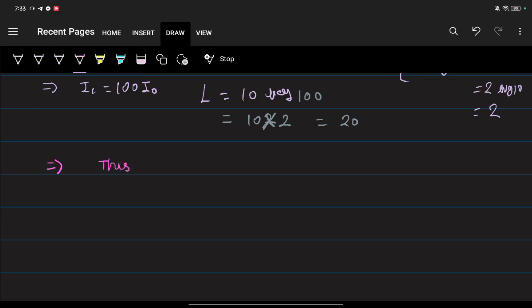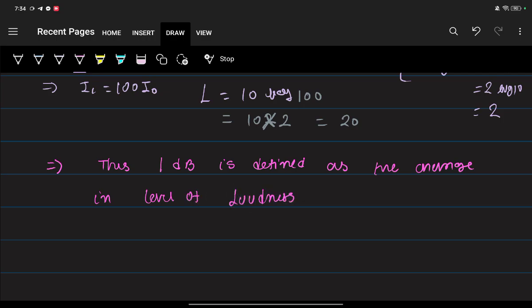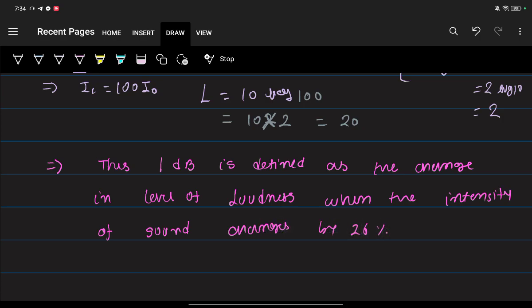Thus, 1 decibel is defined as the change in level of loudness when the intensity of sound changes by 26%. How it changes 26%? We'll discuss it later.